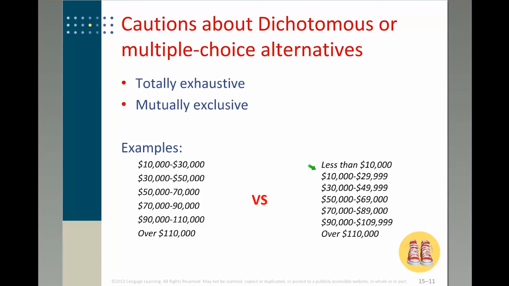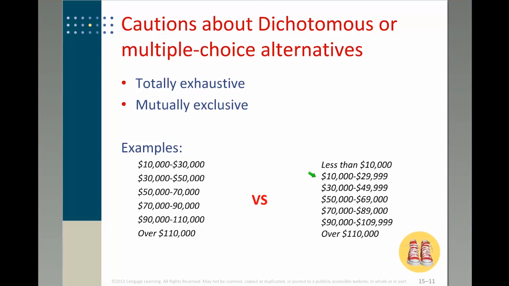So a better way is the next example, where we include 30,000 or 50,000 in only one choice. For example, you start with less than 10,000, and then the next choice will be 10,000 to 29,999.